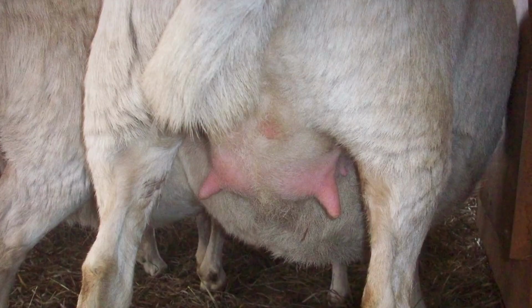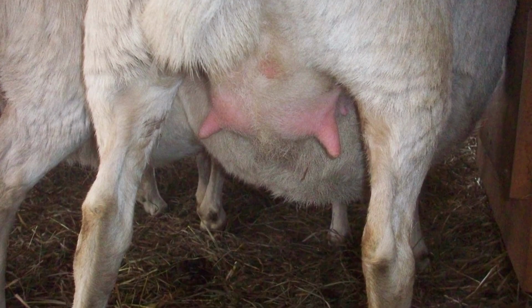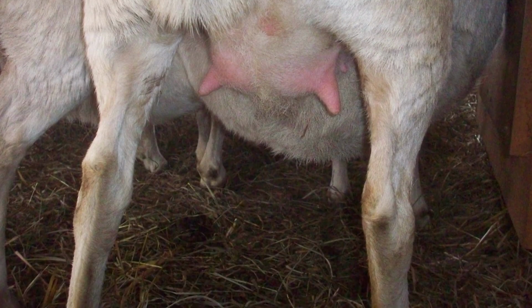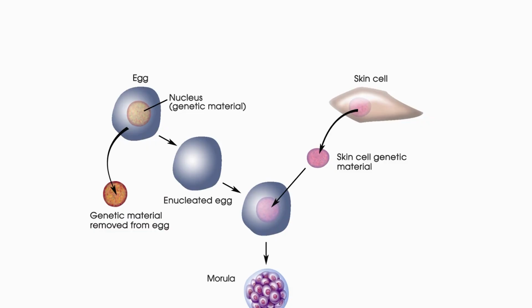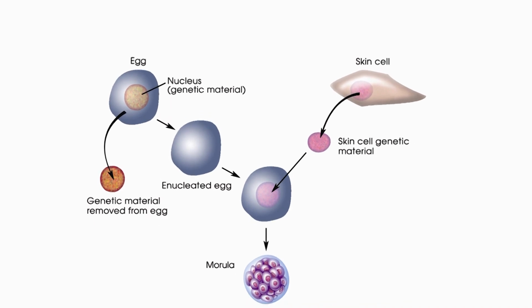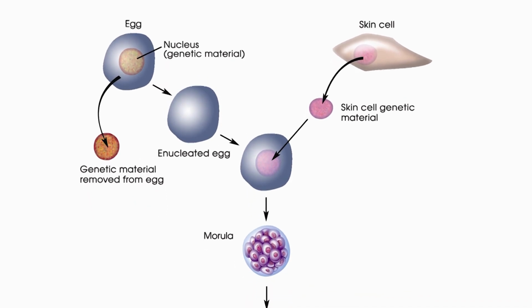To make Dolly, researchers isolated a somatic cell from the udder. The udder is the mammary gland, the breast of an adult female sheep. The nucleus is removed from an egg cell. Then the nucleus from the somatic cell is transferred to the egg cell.